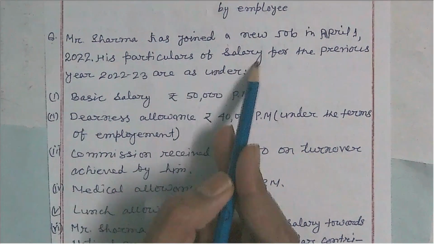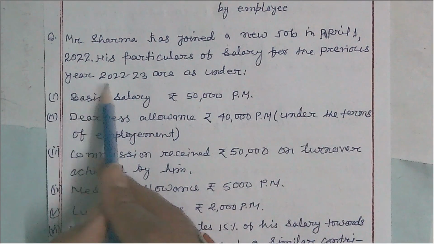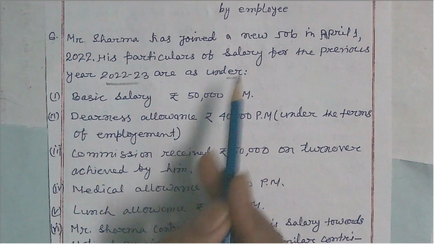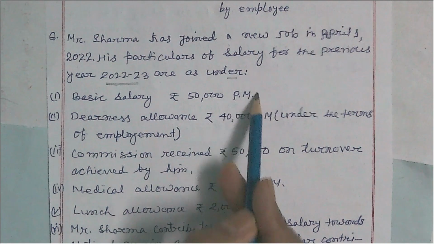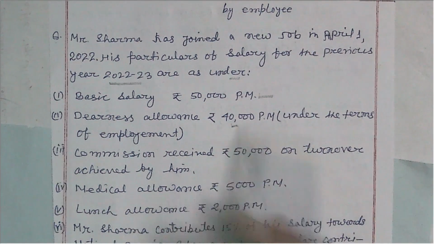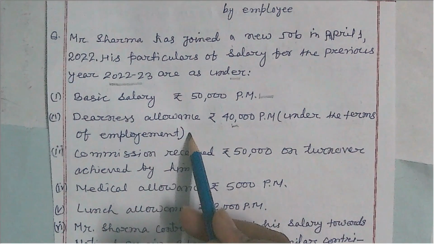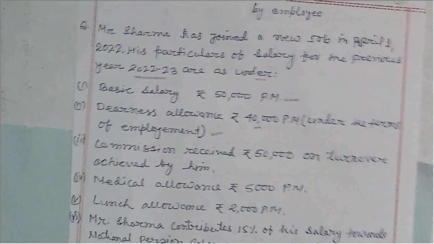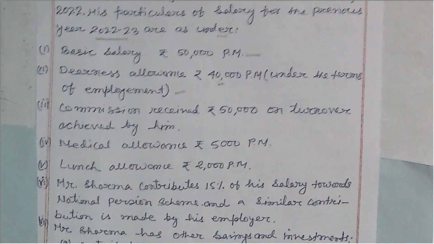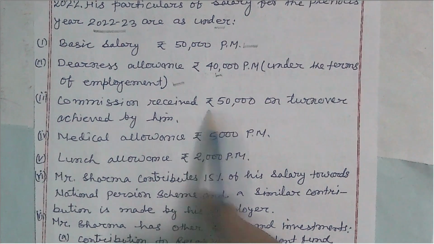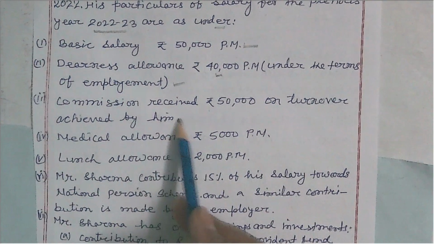His particulars of salary for the previous year 2022-23 are as under. Basic salary rupees 50,000 per month. Dearness allowance is rupees 40,000 under the terms of employment. That means it will come while calculating 10% or 14% of salary. And commission received 50,000 on turnover achieved by him.